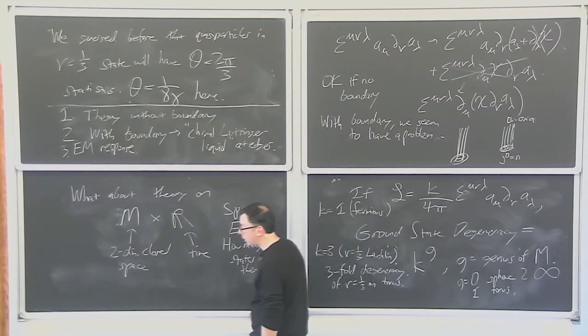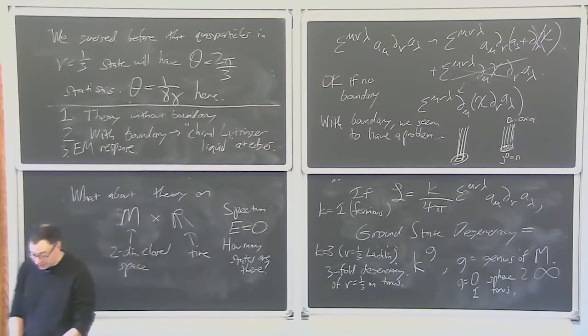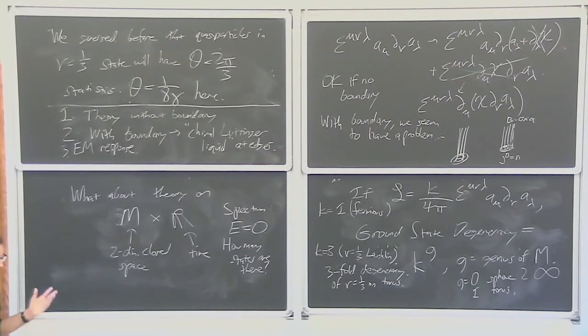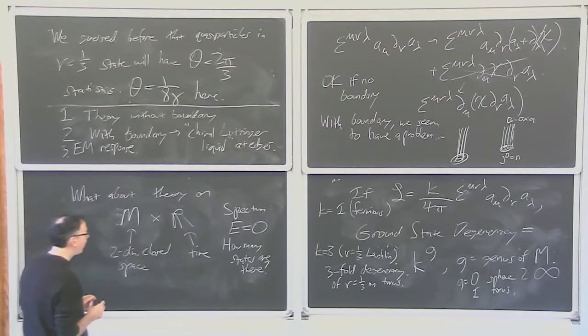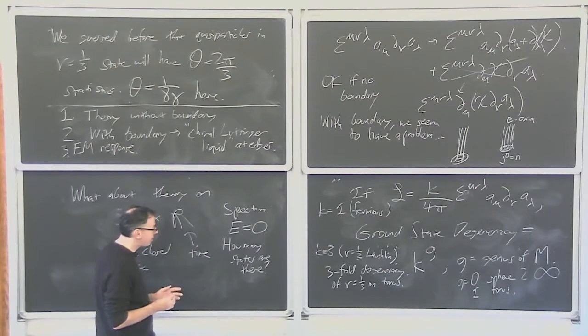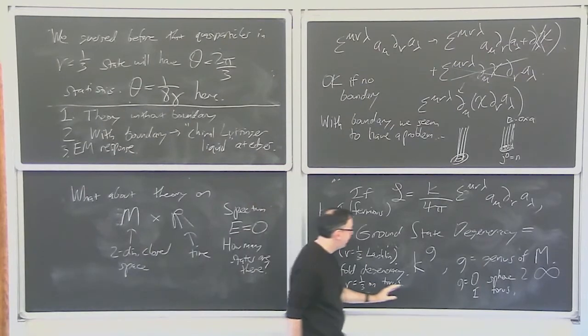So in other words, when you put this field theory on a manifold that's closed, what information can it have? Well, it can't have anything about the size of the manifold because it's topological. So what it can have is only information about the topology, and the only information really about the topology of a closed 2 manifold is the genus.